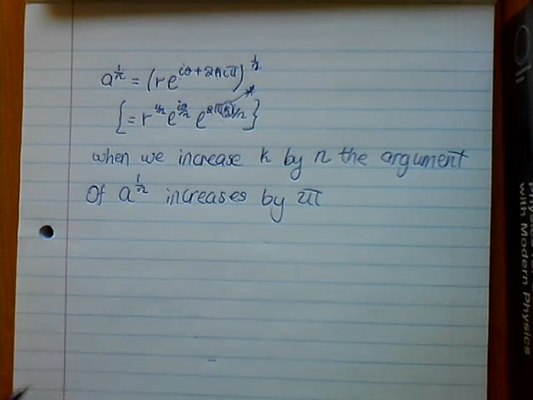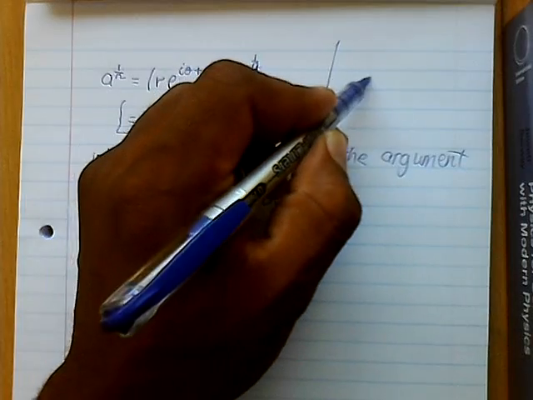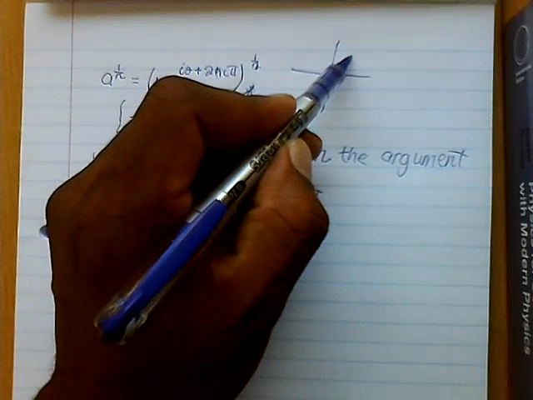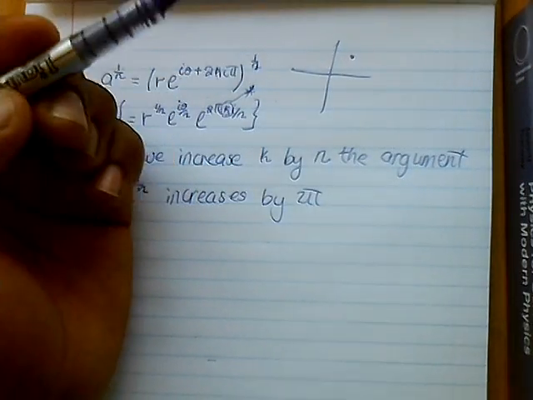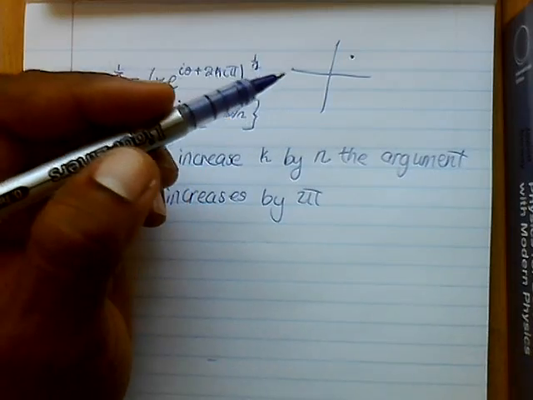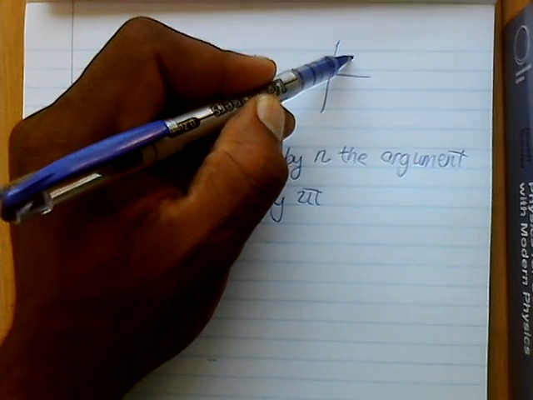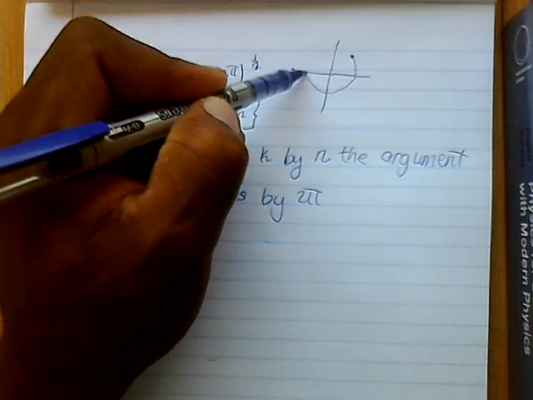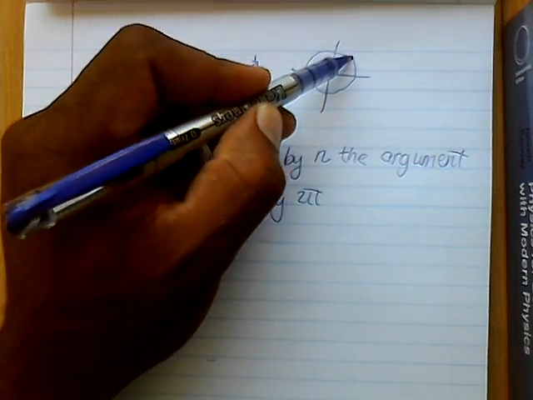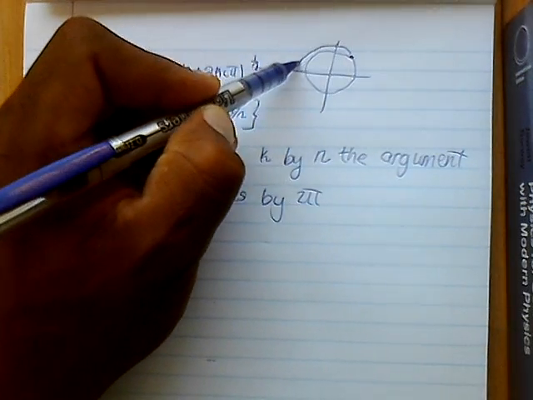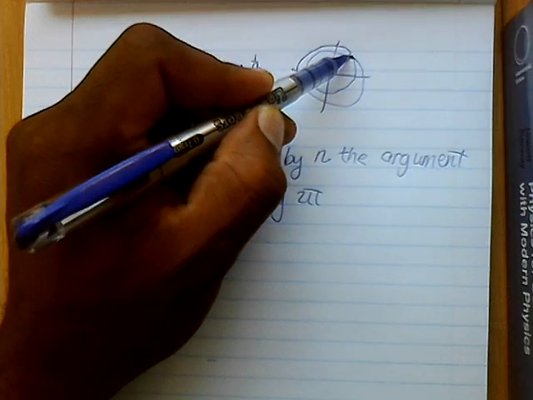Like, say we have a circle, and then we have a point here. If we were to say plus or minus 2 pi, either we move this direction and end at the same point, or this direction and we end at the same point.